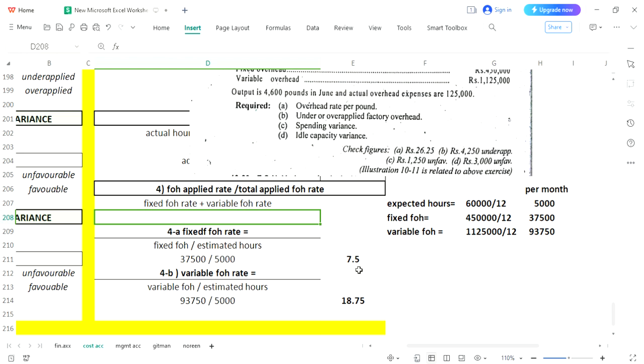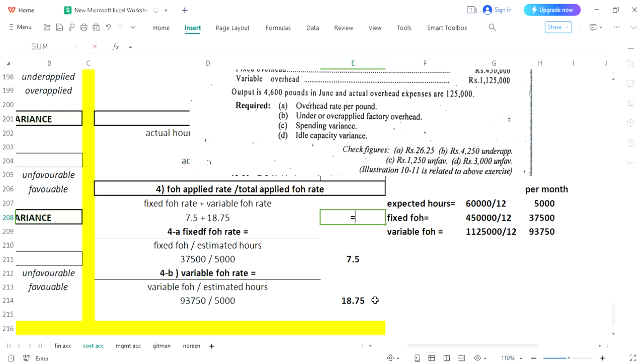Your fixed FH rate is 7.5, and you will add 7.5 with the variable FH rate, 18.75. This way, by adding both rates, you will get your total applied FH rate.